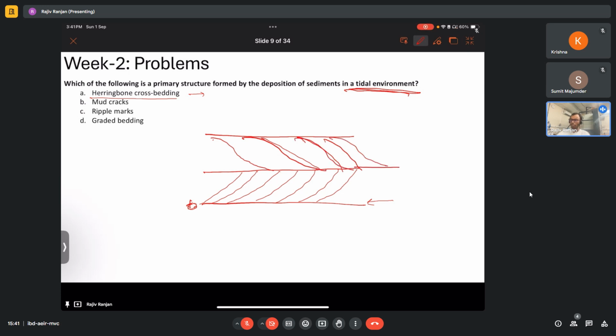So due to the change in the movement of the flow, there are herringbone structures, and herringbone structures have both the directions. For a certain period of time this forms, and after some time the direction of the flow changes, and then this herringbone forms.